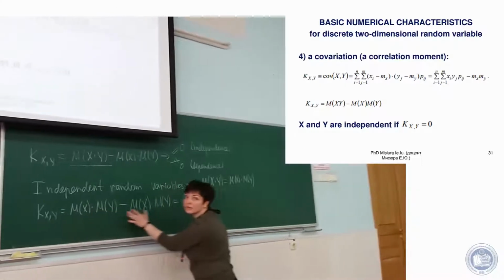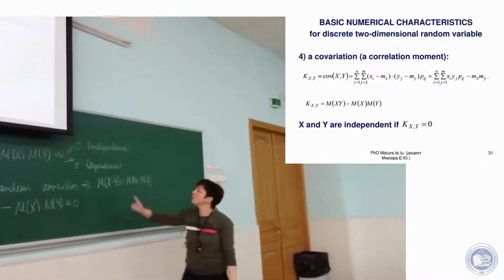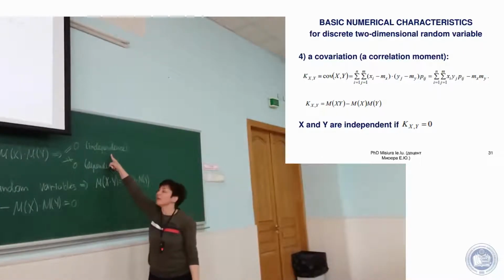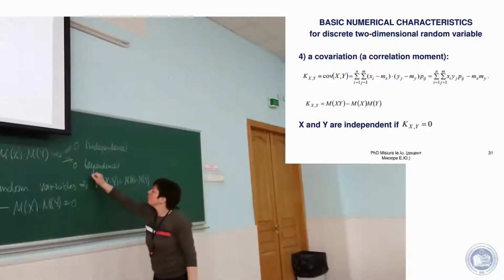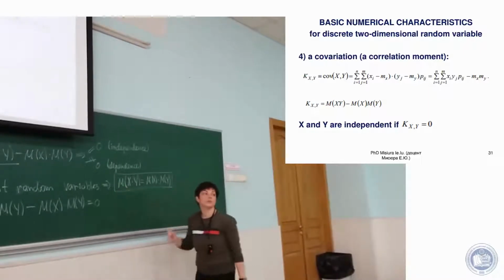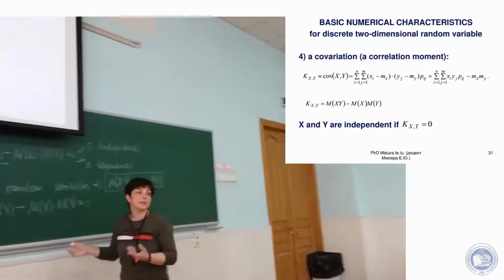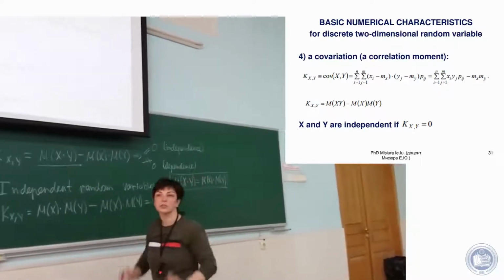First sum minus second one will be 0. For independent variables, this condition is fulfilled. If you have dependence, this condition is not fulfilled.